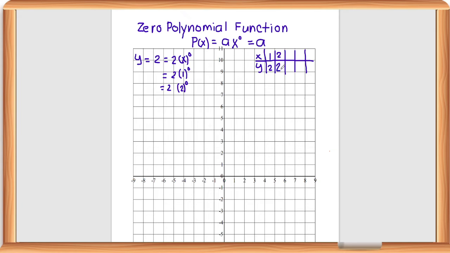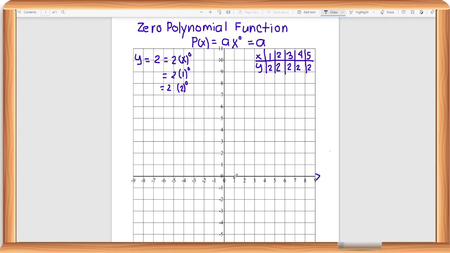So that means, for any value of x, whether negative or positive, as long as it is a real number, the answer would always be 2 for y. Okay, so how is it graphed? Here is the x, and this is the y.